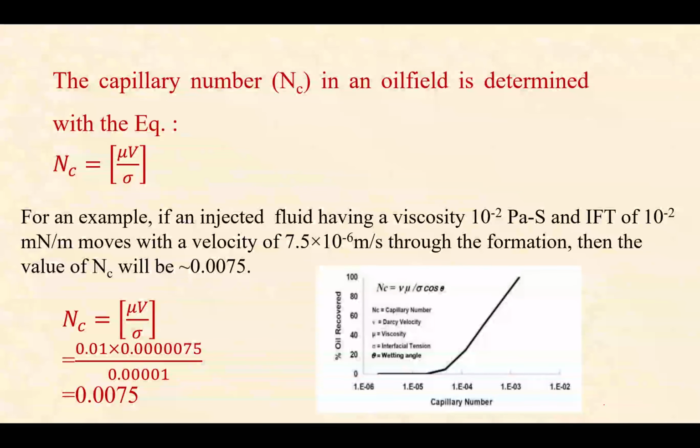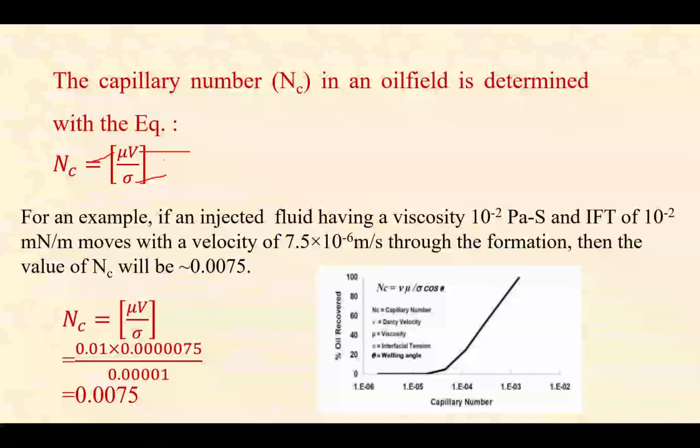Now, this capillary number is very, very important in enhanced oil recovery. And we know that capillary number is expressed as mu V divided by sigma, and it is a ratio of the viscous force to the capillary, or interfacial, force.